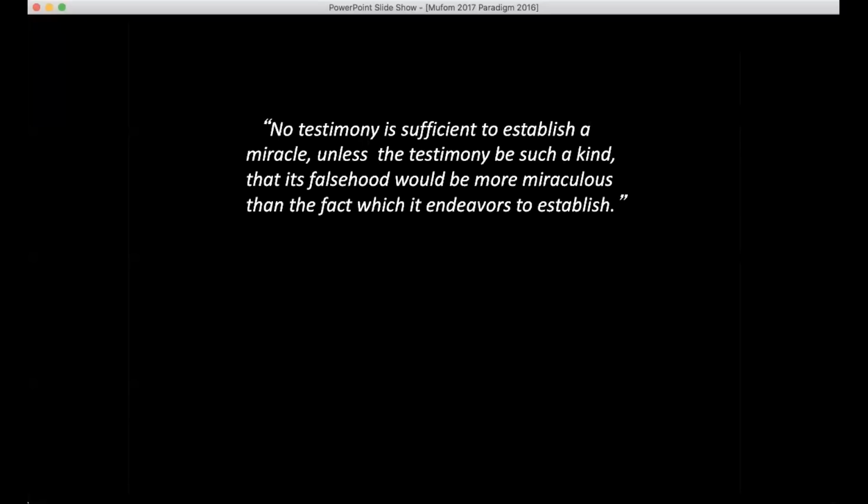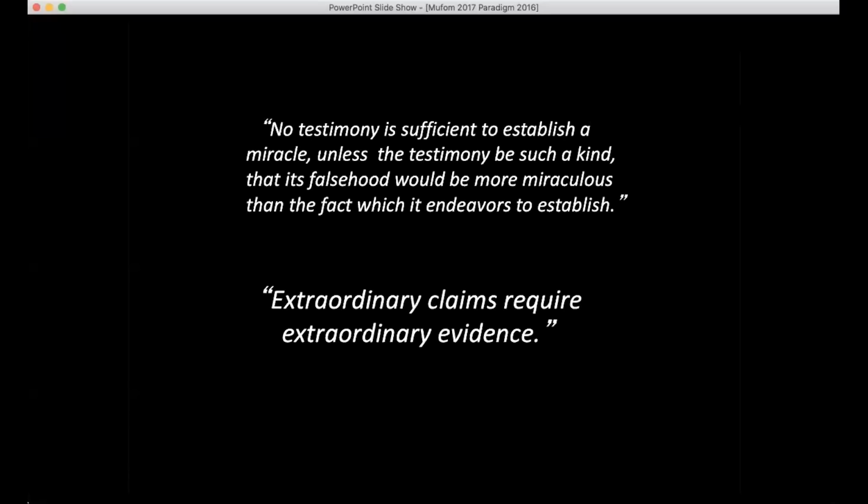But here's what I ask of everybody: allow me to present the evidence, and I won't even have to support the evidence. I'll just present you the evidence, and you can make up your own mind. There's a quote here I kind of like. It goes like this: "No testimony is sufficient to establish a miracle, unless the testimony be of such a kind that its falsehood would be more miraculous than the fact which it endeavors to establish."